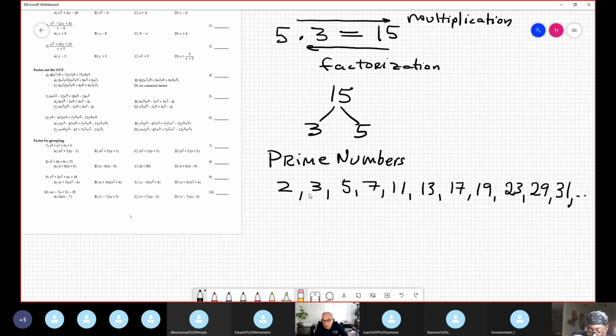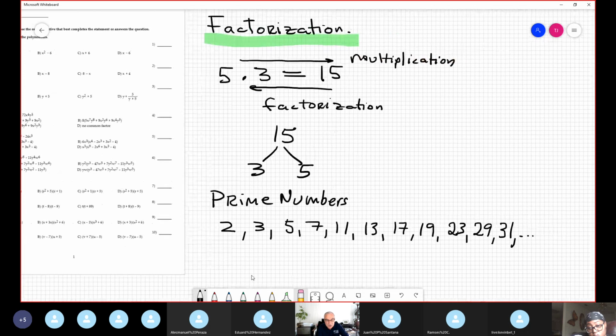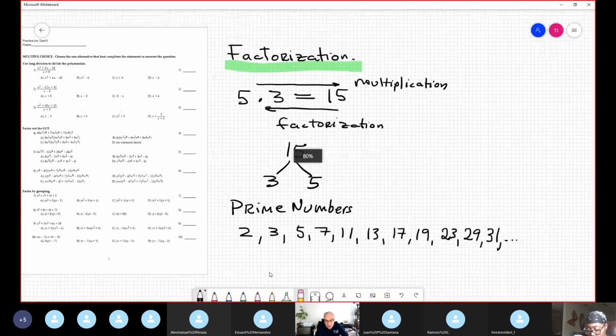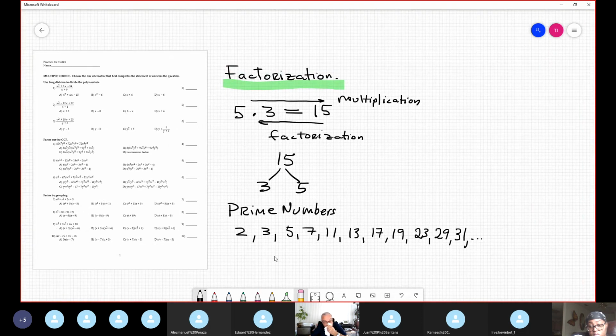This is infinite, okay? Can we list them all? No, because it's an infinite collection. So basically the process of factorization is to break down any number into the small pieces of arithmetic. And by the way, the factorization is unique.